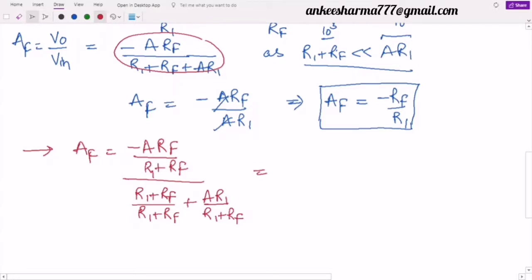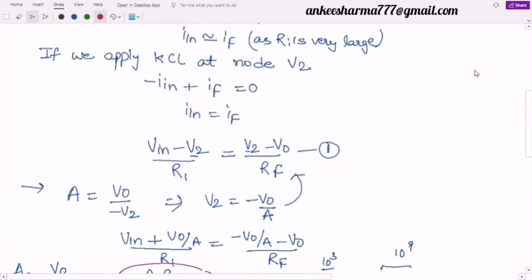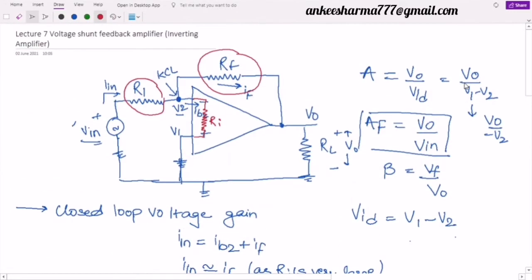If I look here, this RF upon R1 plus RF, can I name this as K? So I will get here minus A times of K divided by 1 plus A, and what is R1 upon R1 plus RF? We have obtained in the previous voltage series case that this R1 upon R1 plus RF is nothing but equal to beta.